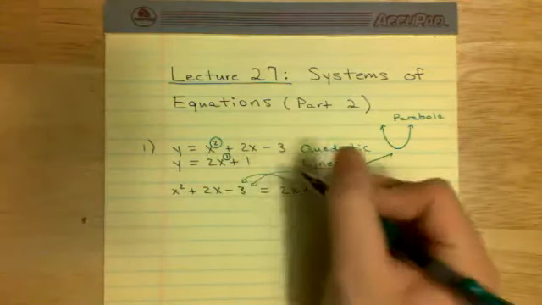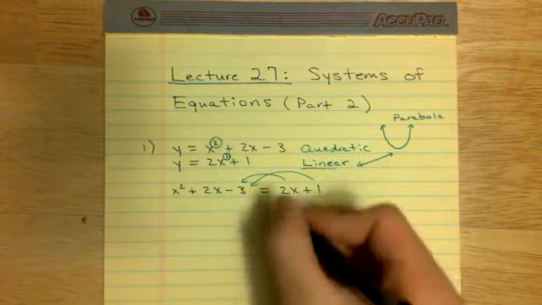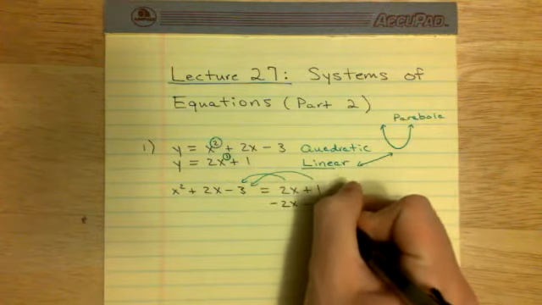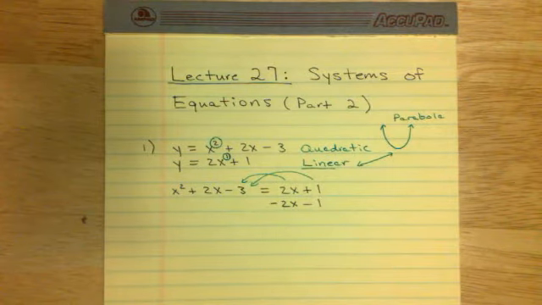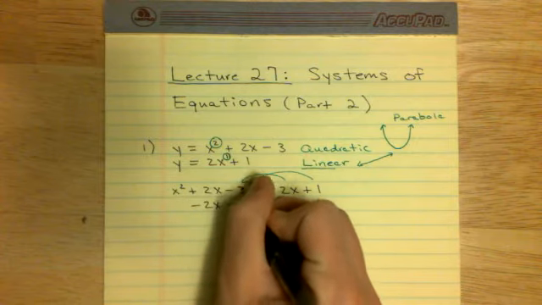Since both of these terms are positive, I can subtract them from both sides. So I can subtract the 2x and I can subtract the 1. And then I have to do the same thing on the other side so that the two sides remain equal. So I need to subtract 2x on this side and I need to subtract 1 on this side.